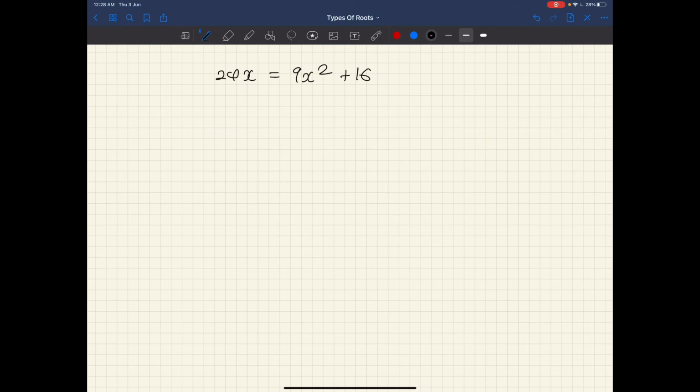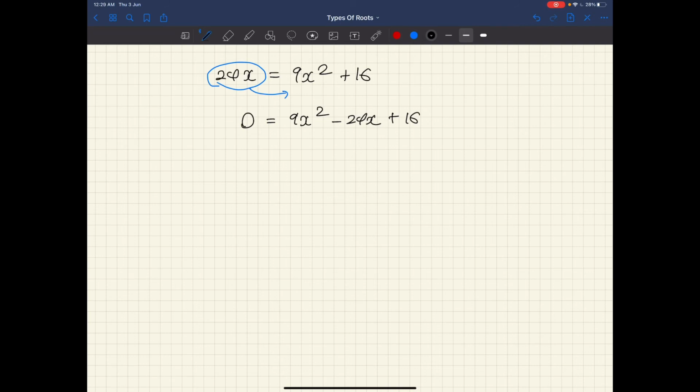Before you start plugging in the formula b squared negative 4ac, first you gotta align the equation based on your quadratic formula. In case I have my bx value over here, I'm going to bring this on to the other side. When I do that, I'll end up with 0 over here. I have 9x squared, and positive 24x is going to be negative 24x, and then I'm going to write positive 16.